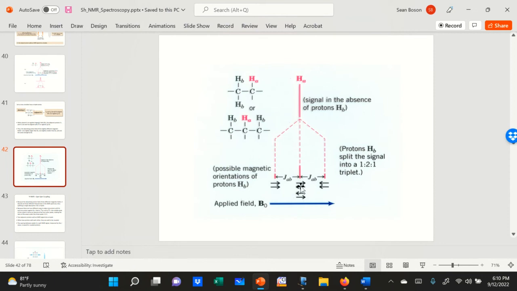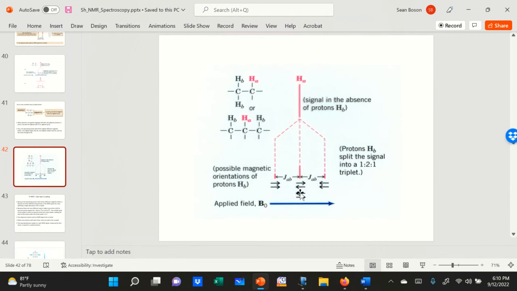If one is aligned and one against, the net effect becomes zero; they cancel out. If both are aligned in the same direction as the external field, that is equivalent to deshielding, as opposed to aligning against, which corresponds to shielding. Shielding corresponds to an upfield shift of the signal, resulting in the original signal splitting into three.